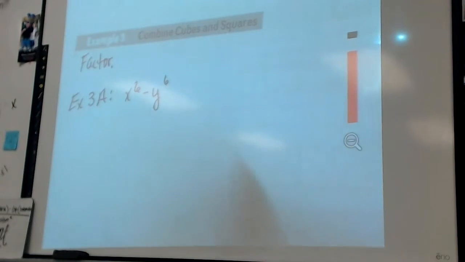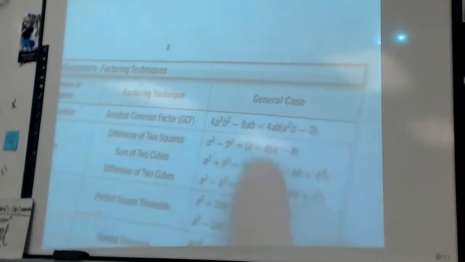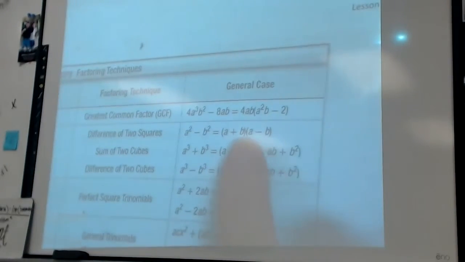Now, do we have a GCF? No. Okay, but we do have a difference of squares. Any even exponent is going to be a perfect square. Okay, so we can apply the difference of squares rule, which is you take the square root of each term, put a plus and a minus in between them.